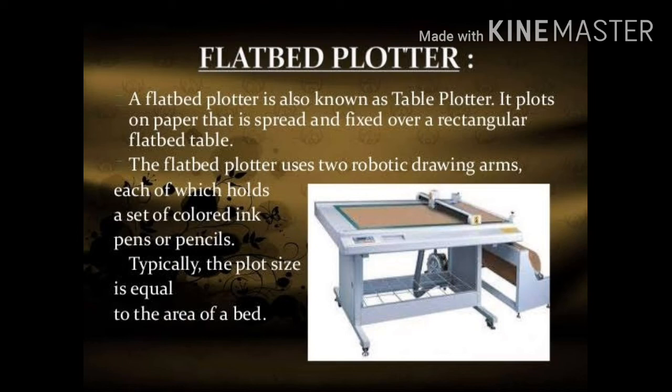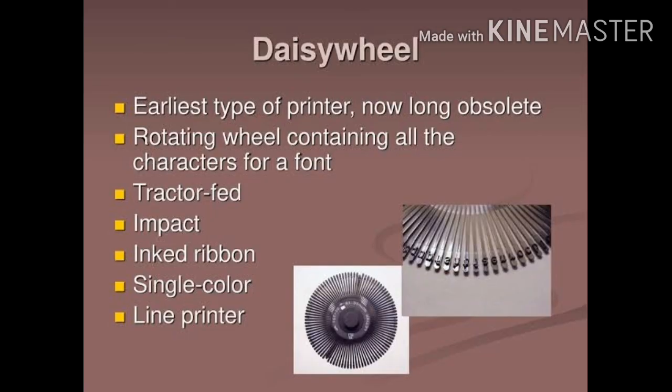It plots on paper that is spread and fixed over a rectangular flatbed table. The flatbed plotter uses two robotic drawing arms, each of which holds a set of colored ink pens or pencils. Typically the plot size is equal to the area of the bed. That's why it is called flatbed plotter. I hope you understand this flatbed plotter.